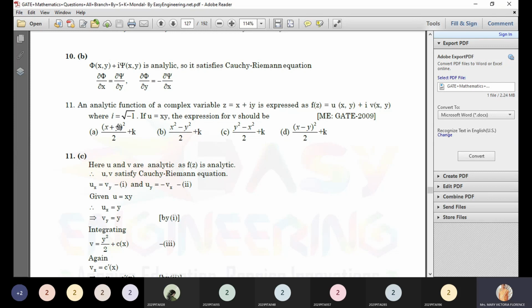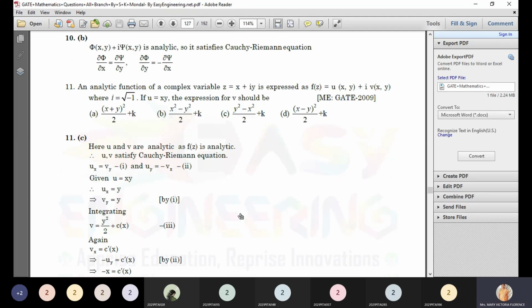If u = xy, what should the expression for v be? Here we have to find the expression of v. u is the real part and v is the imaginary part.